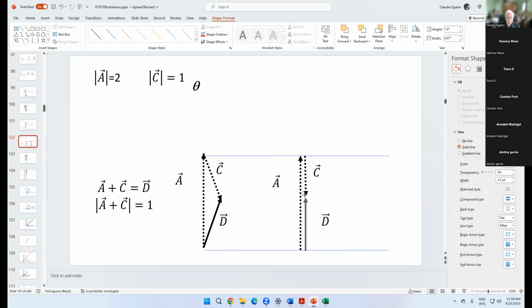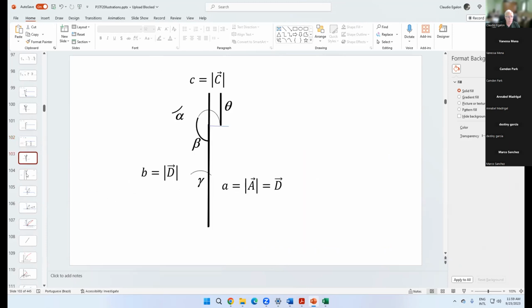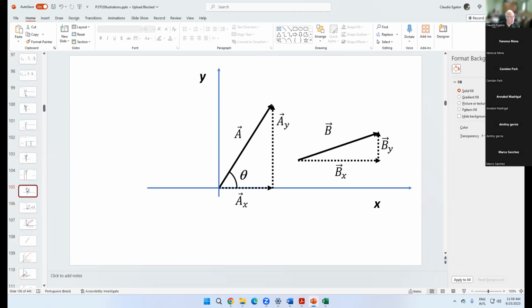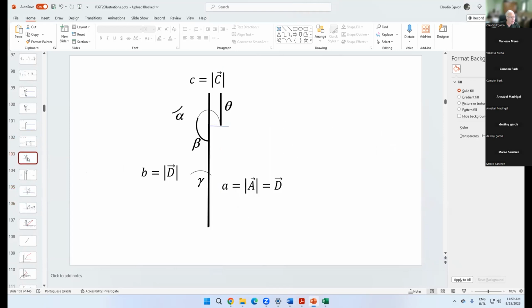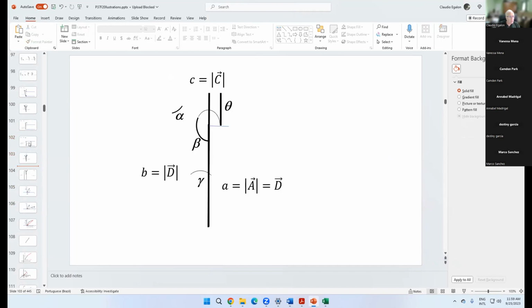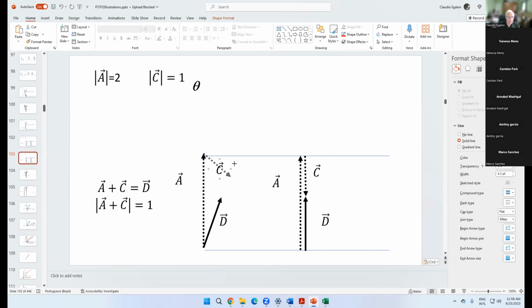That's the trick that we do to figure out the angle, which is not obvious, right? Now I'll use this one for two vectors that are perpendicular to each other, okay?